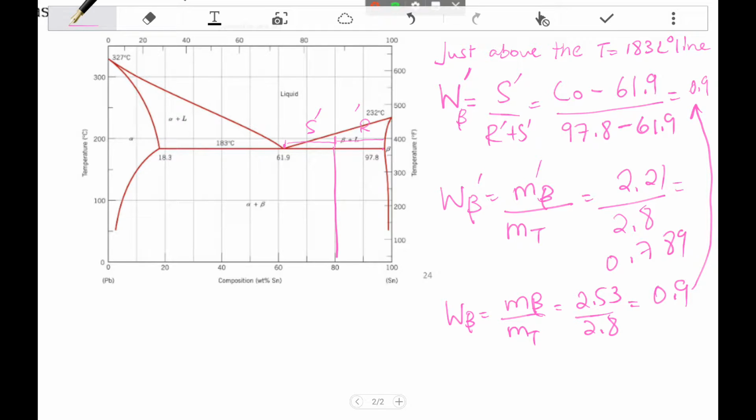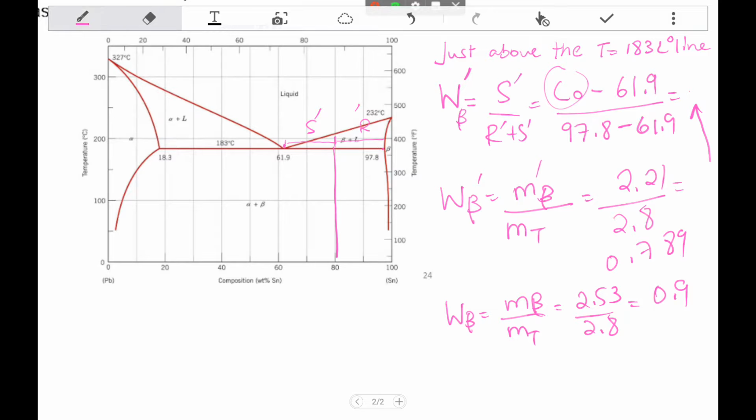You plug that into a calculator or solve it, just a little bit of basic arithmetic, solving for C0. Pardon, that was not right.